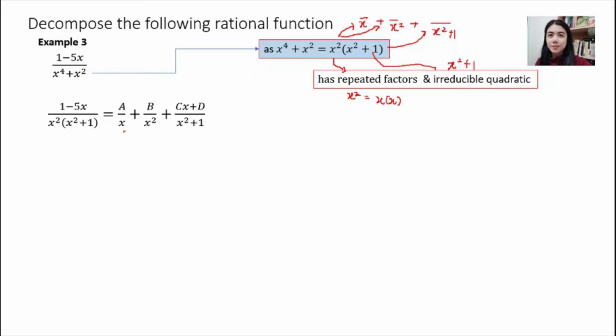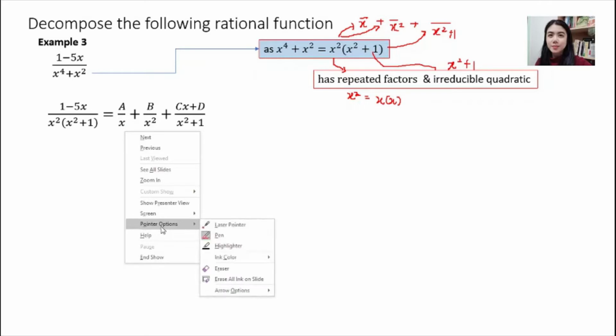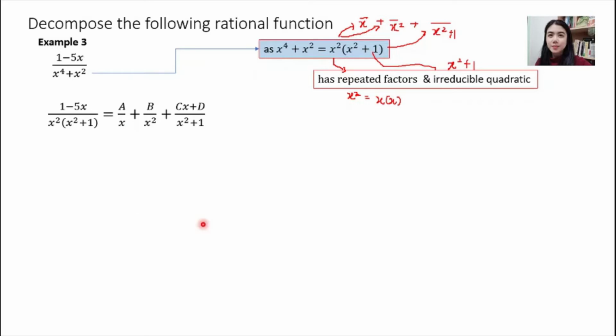Okay, so for the right hand side, we will have this equation, and this is coming from this concept. Let's look at this one. For the first fraction, the thing that we should put at the top should be a constant, because this is x power 1. We do not consider this one as quadratic, but as linear.